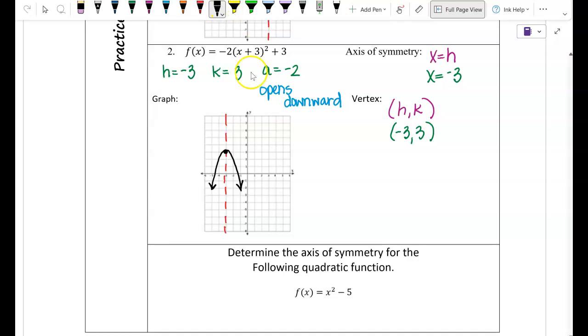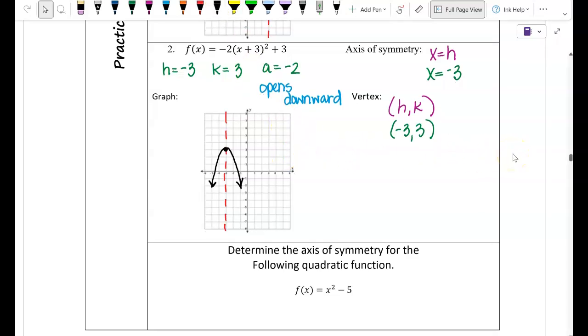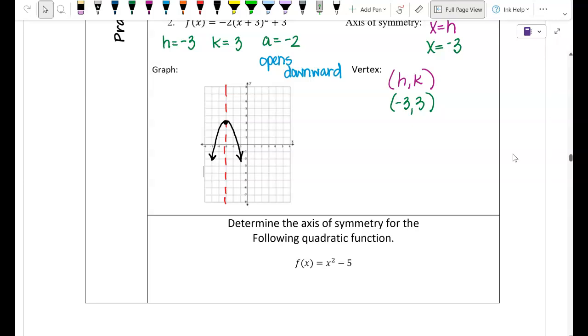Now, this last one, determine the axis of symmetry for the following quadratic function. f of x equals x squared minus 5. This is the same thing as saying f of x equals the quantity x minus 0 squared minus 5. So what is the value of h in this equation? 0. What is the value of k?